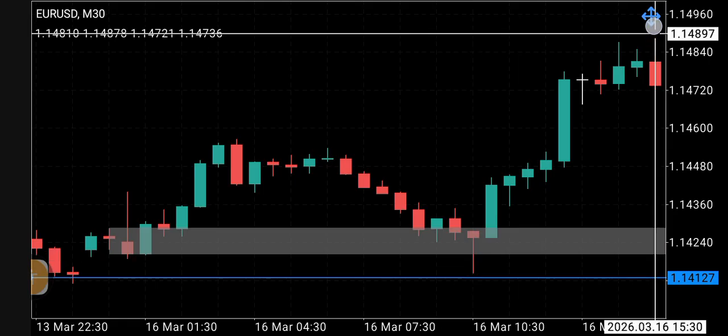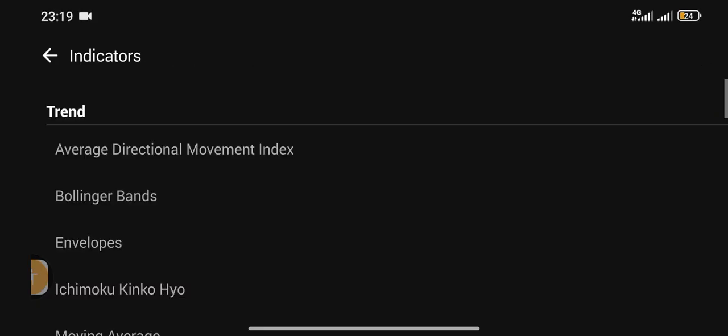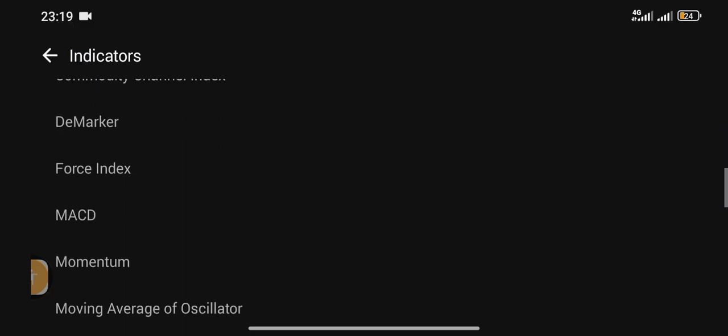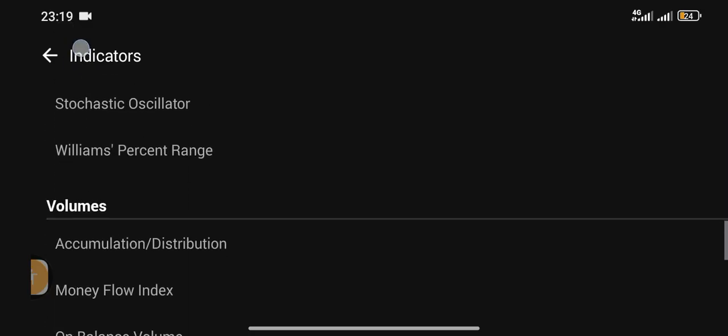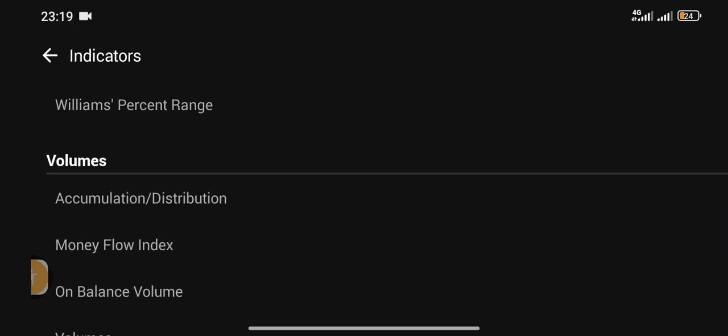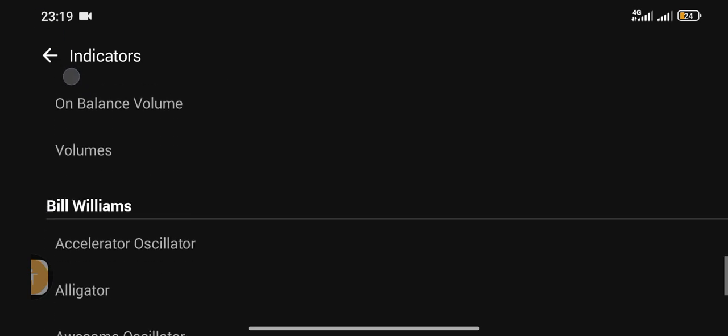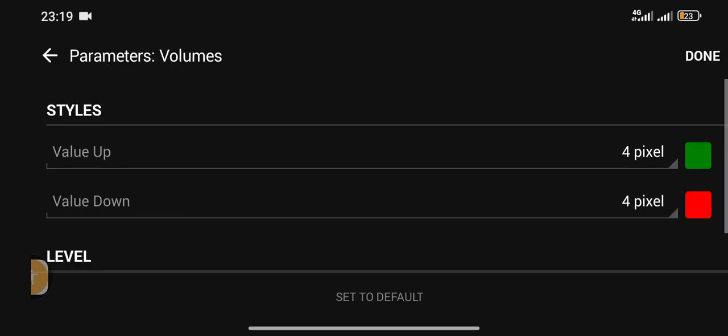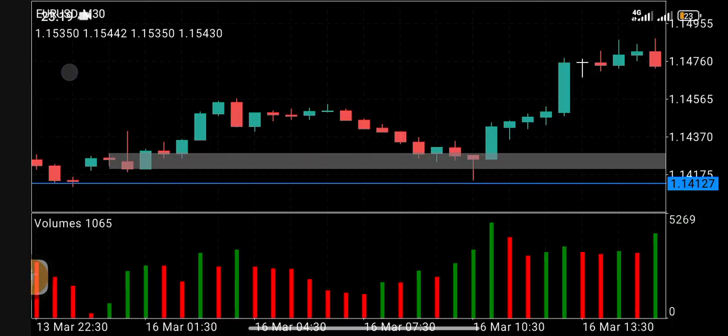Okay, we can even add volume to find out if it is from institutional activities. Exactly.